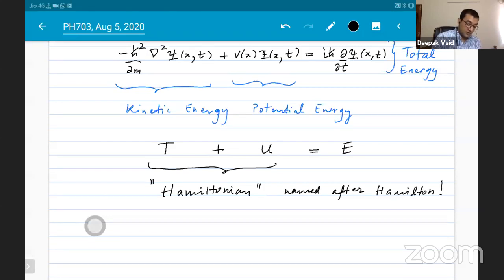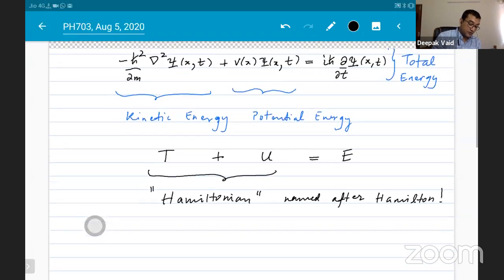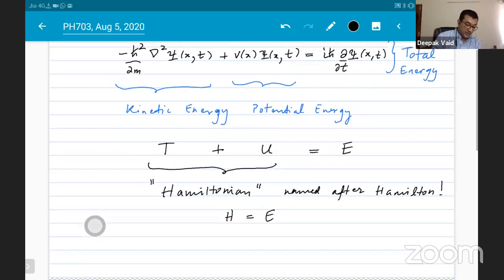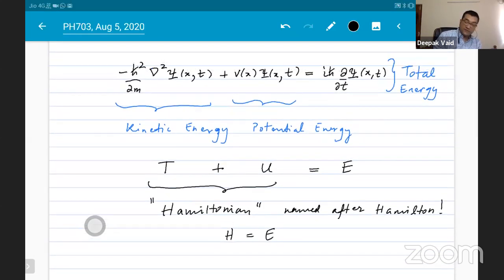Now, this whole expression can also be written as H is equal to E. The Hamiltonian is equal to the total energy. Okay, but we have to be a little bit more careful, right?